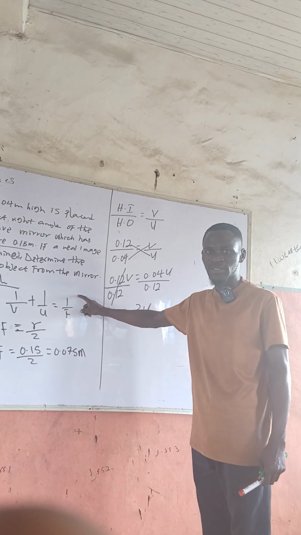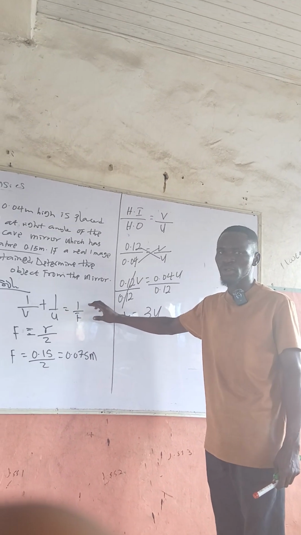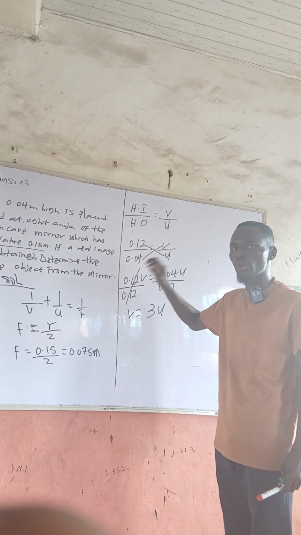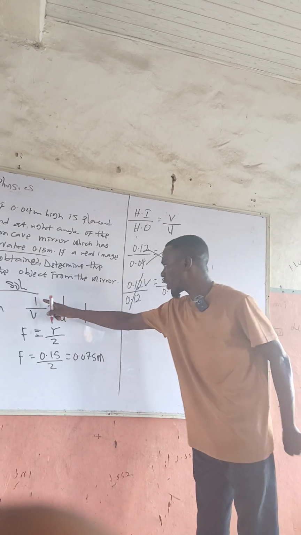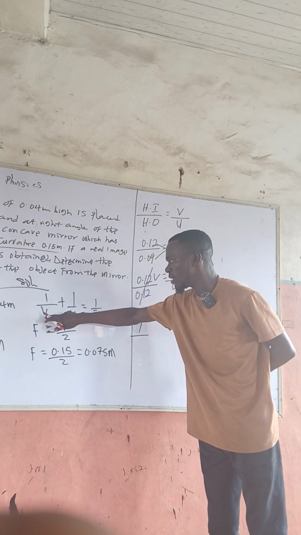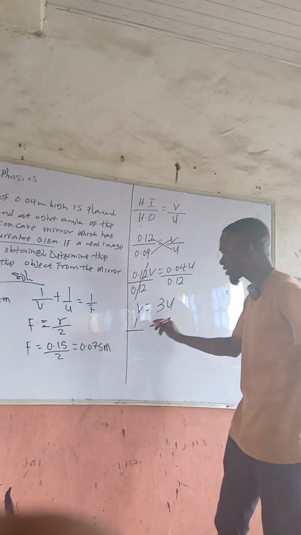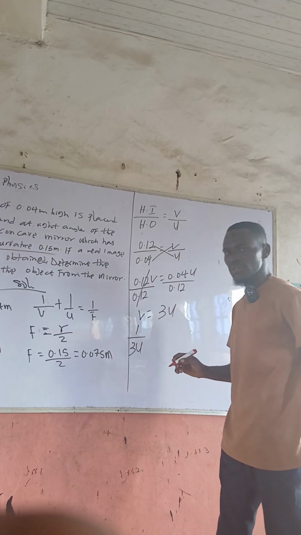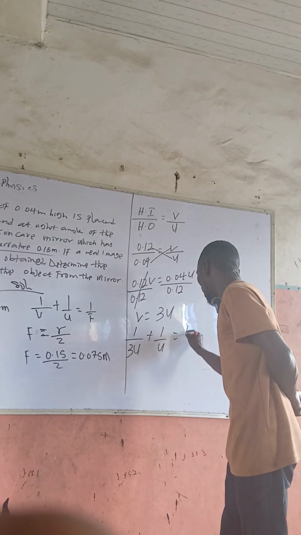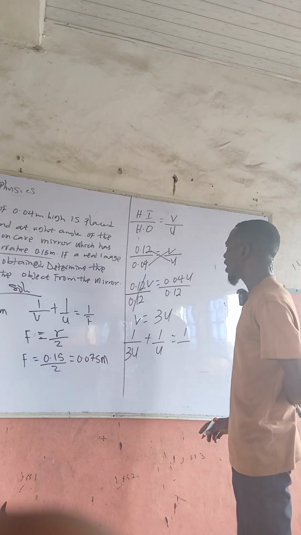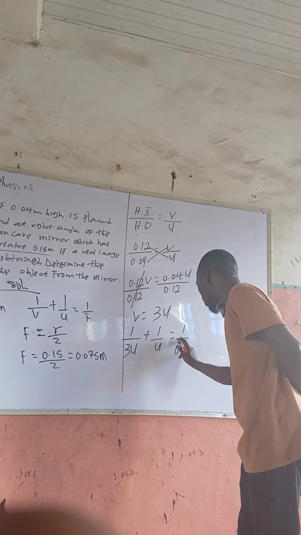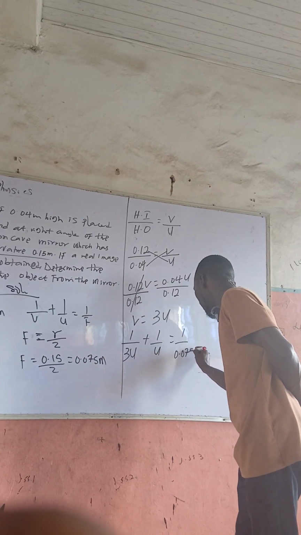Then now recall the mirror formula. Now we have 1 over the distance of the image, which is now 3u, plus 1 over u equals 1 over the focal length, which is 0.075.